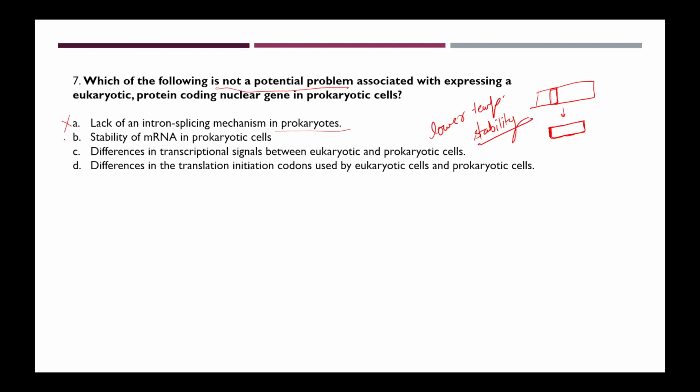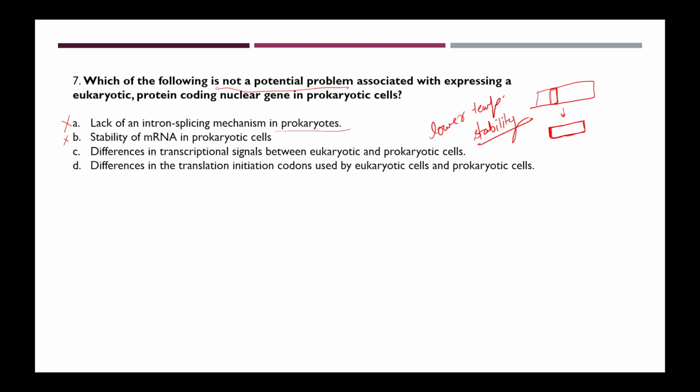So this is a problem you should work on if the protein is not overexpressing in a prokaryotic system. Third is differences in the transcriptional signals between eukaryotic and prokaryotic cells. This is also a possibility.